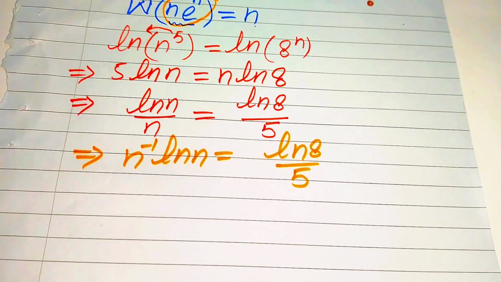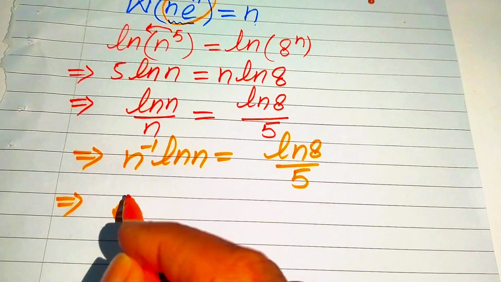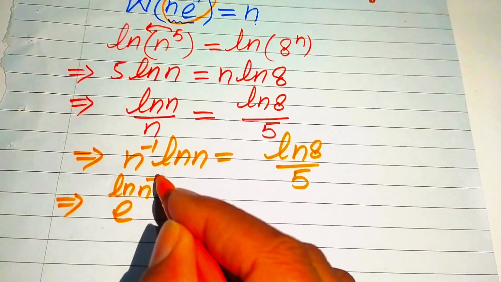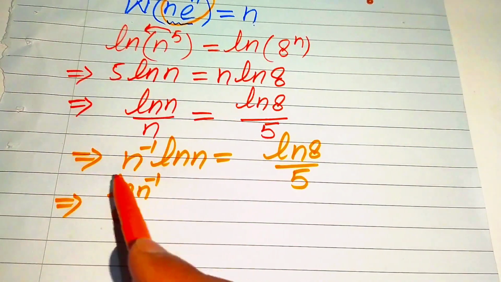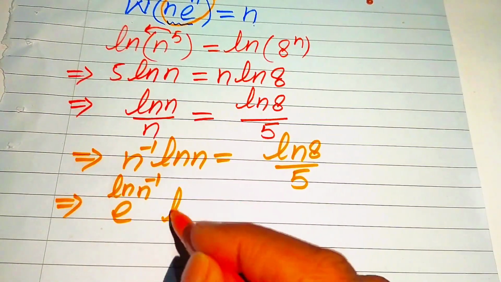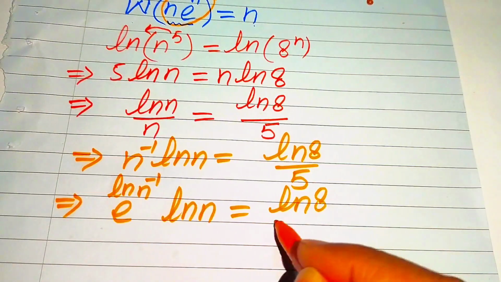In the next step we write this n inverse as e to the power of log n inverse. It means that we take log and anti-log at the same time in the term n inverse, and we have this log n as it is, and it equals log 8 over 5.